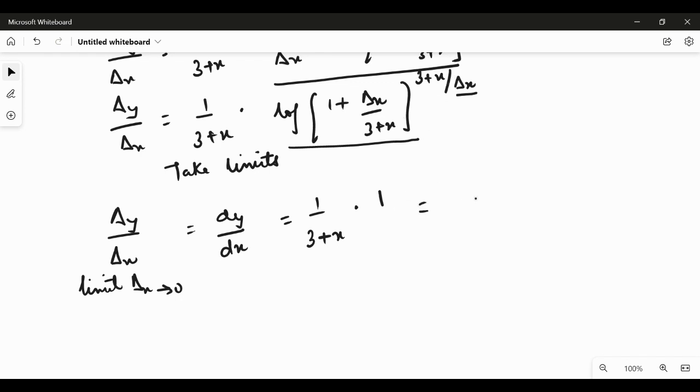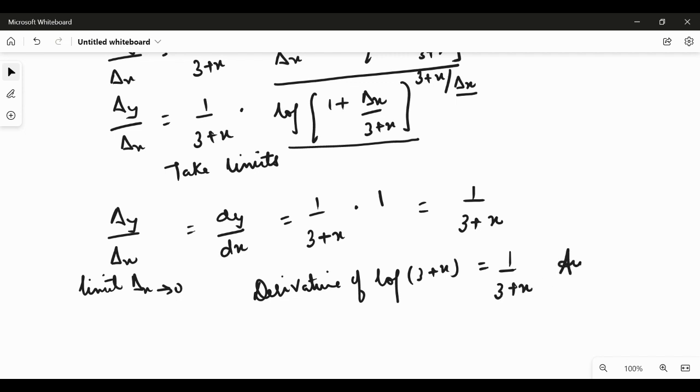So anything power 0 is equal to 1. So this gives me 1 divided by 3 plus x. So I can clearly state here that derivative of log of 3 plus x is equal to 1 upon 3 plus x. So this is my solution. Clear? I hope the concept is clear to you. Thank you very much.